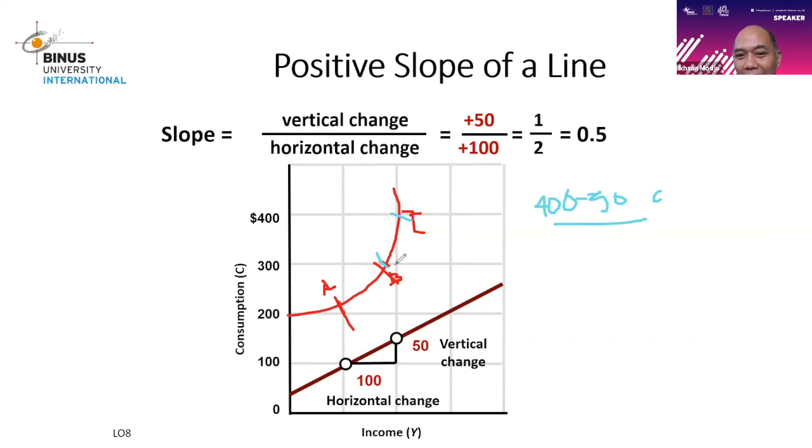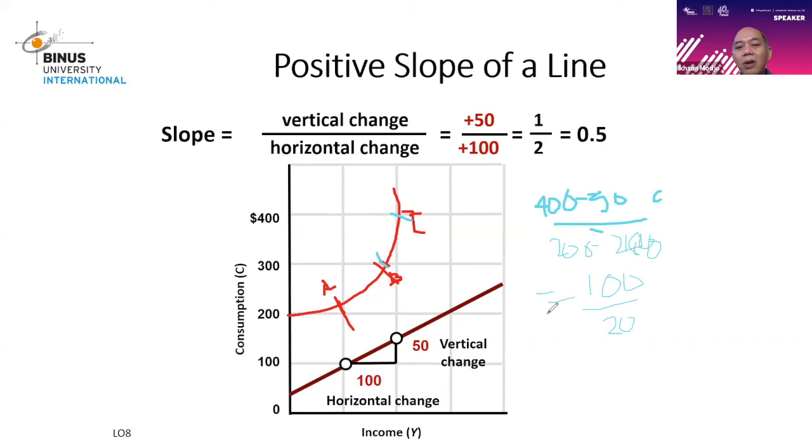The horizontal change is, for example, 200 minus 180, jadi 20. So this is perhaps 200 minus 20, or 200 minus 180. So the result is going to be 100 divided by 20.